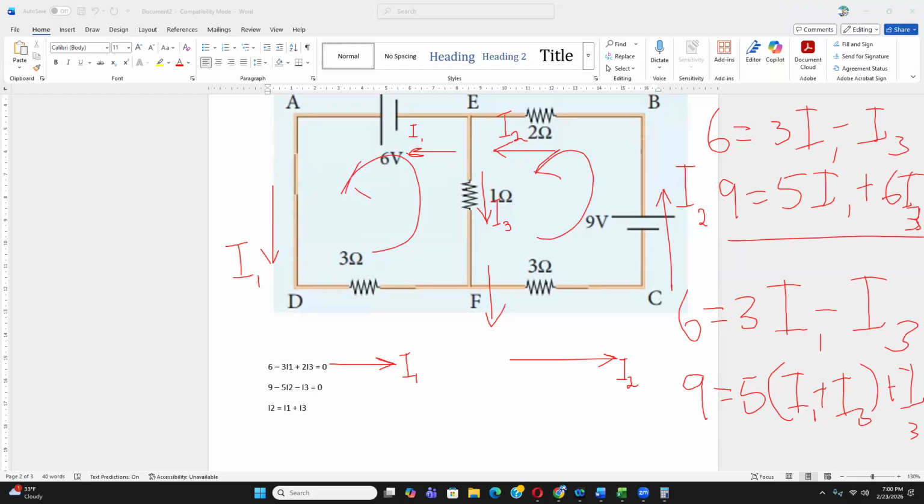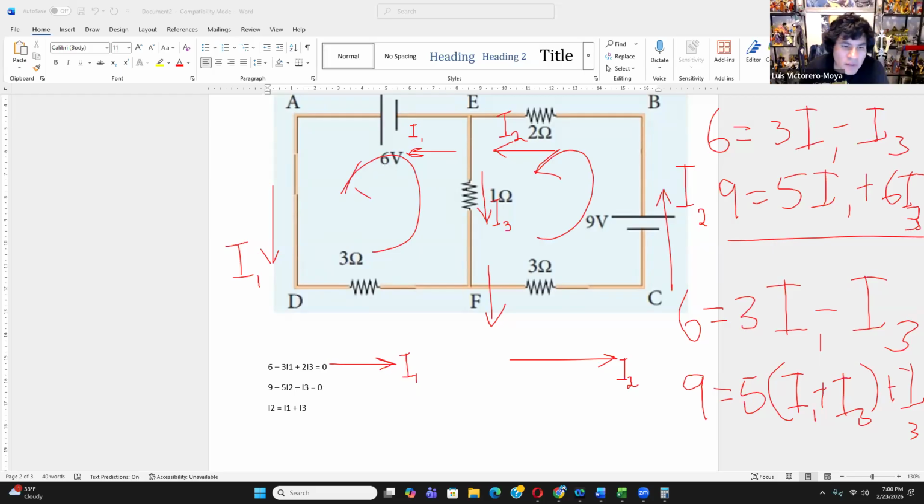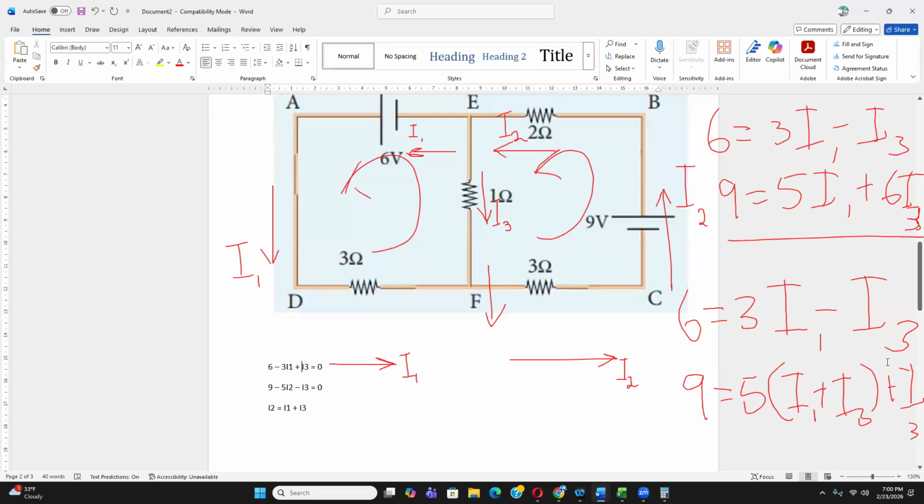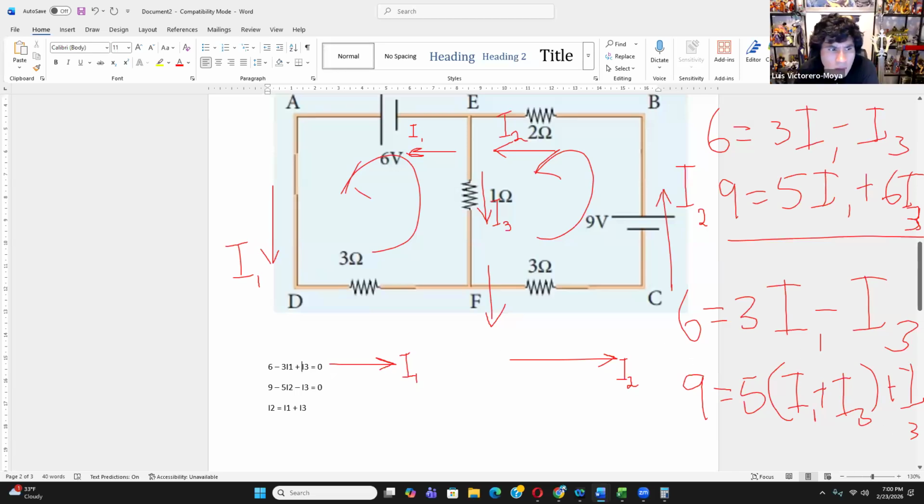Then it should be 6 minus 3I1 plus I3. Yeah, plus I3, that's what he told me. So this should be plus I3. And then 3I1 minus I3. Yeah, that's right.